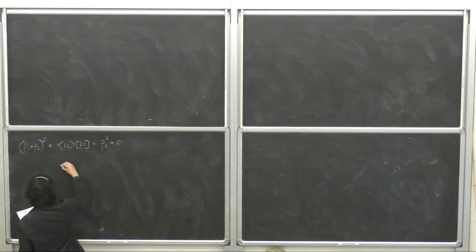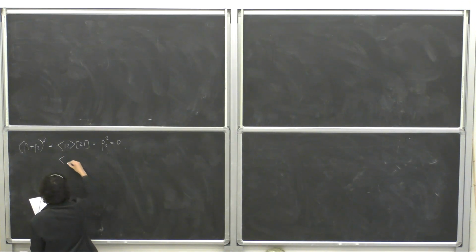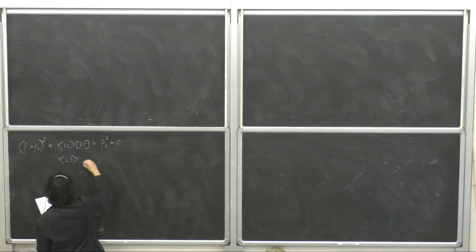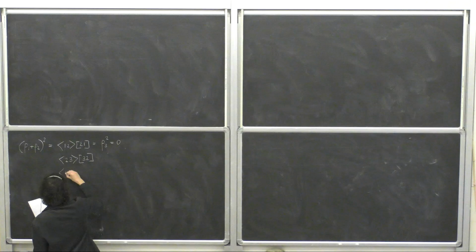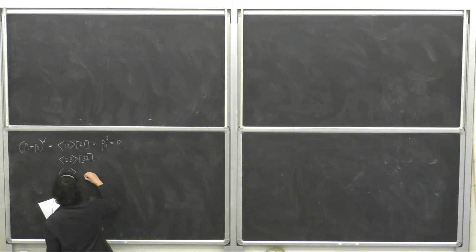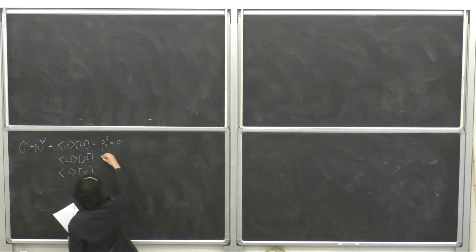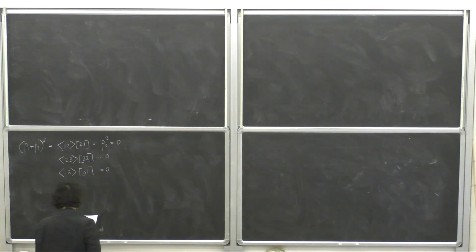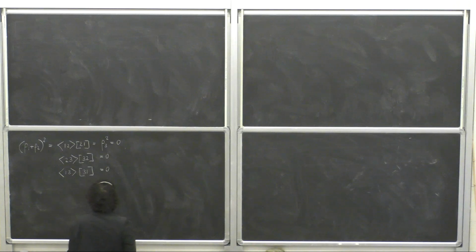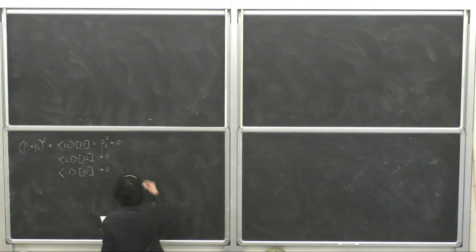So since you can do this with any other pairing of momenta, you can have a 2, 3, 3, 2, or you can have a 1, 3, 3, 1. All of this needs to be equal to 0. You can see that there are actually 2 possible solutions.